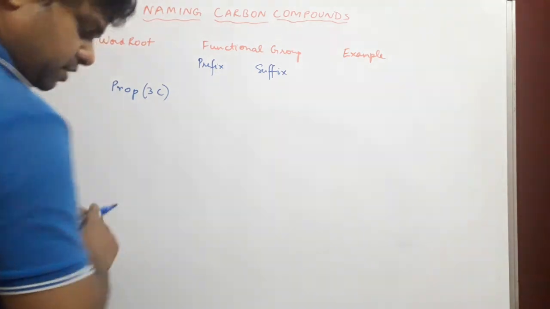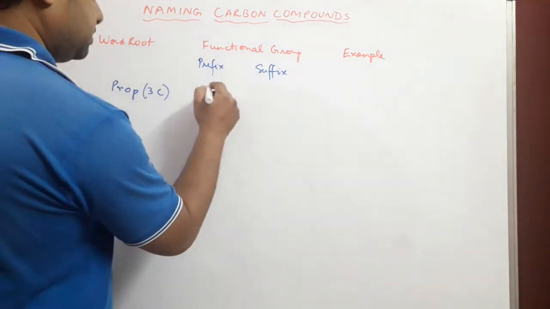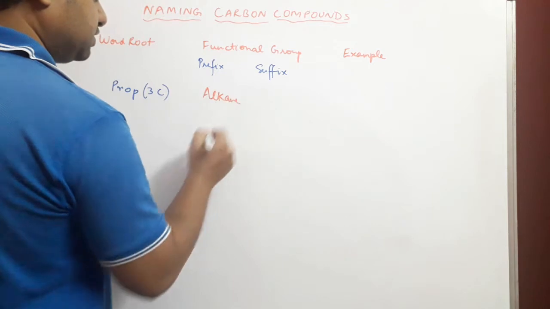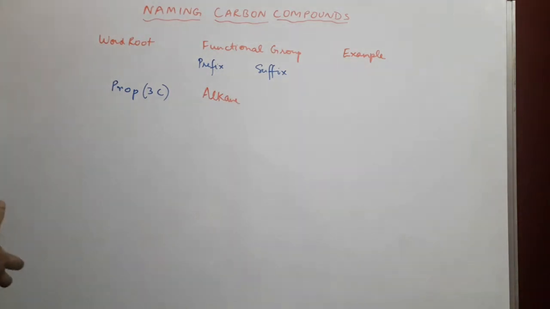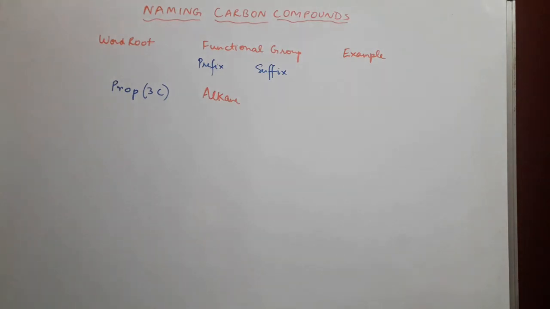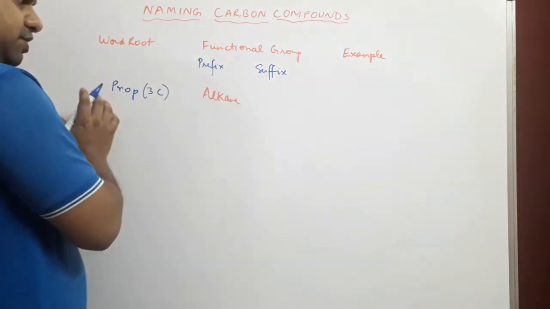Okay, so what I'll do is I'll put the functional group as alkane, and whether it is a suffix or not, I'll mark it this way. Suffix always comes after the word root.